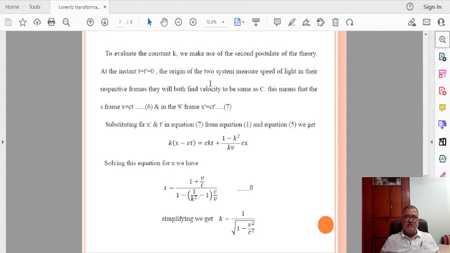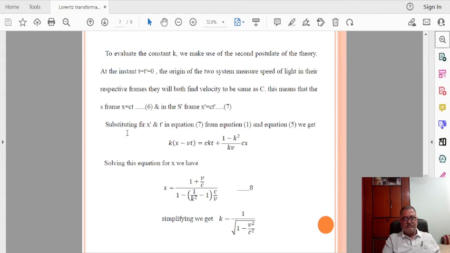This means that in the frame S, x equals ct. This is nothing but the equation number 6, and in the frame S prime, x prime equals ct prime. We will give equation number 7.